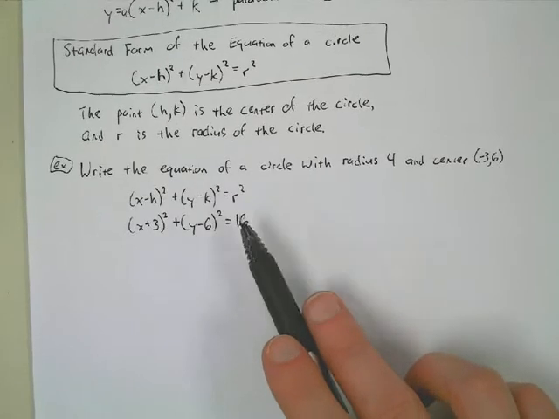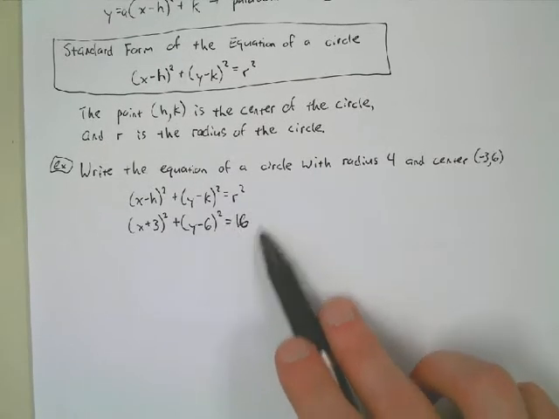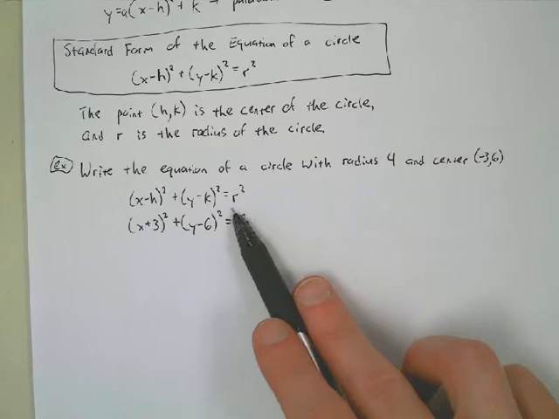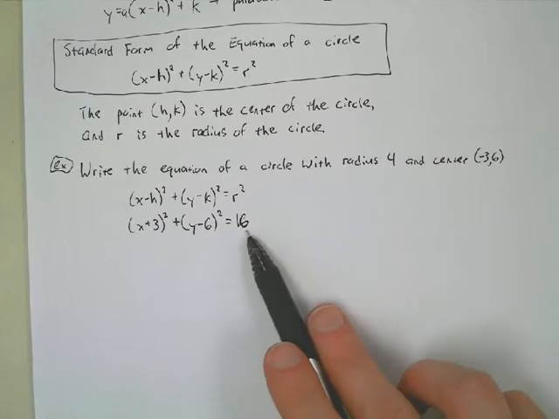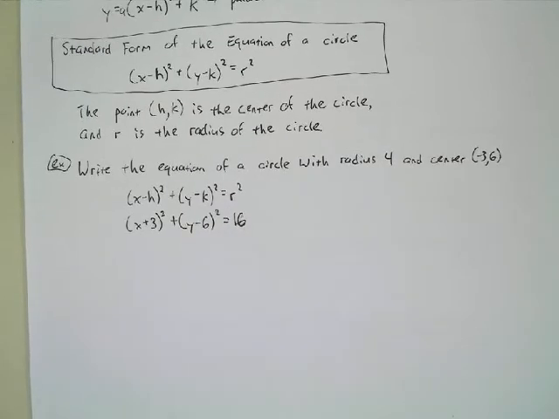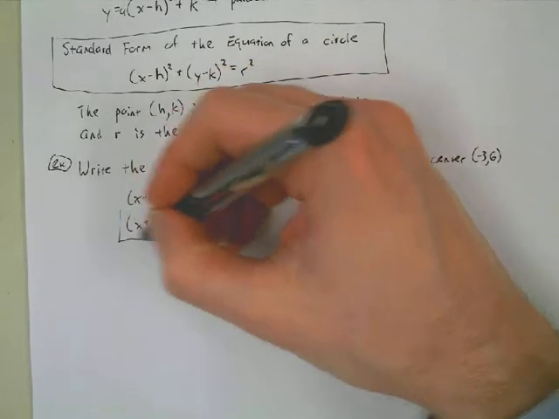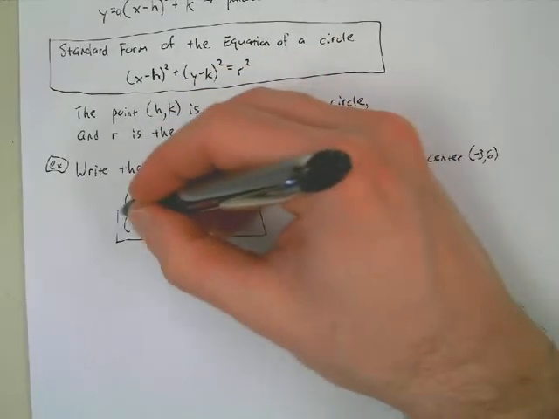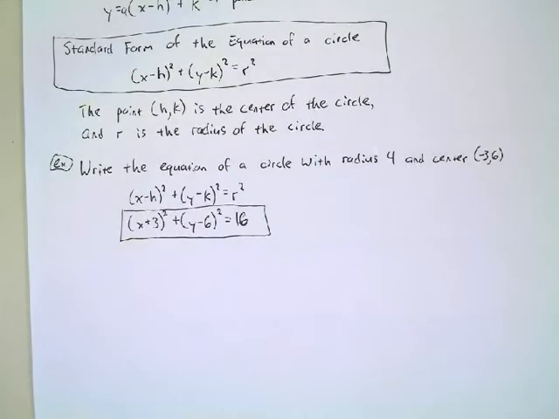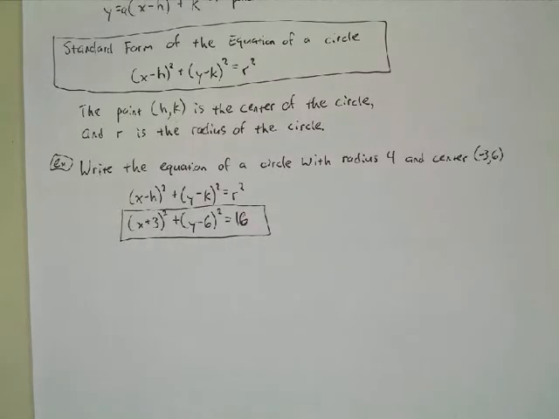But in the equation for the circle, this number represents r squared, the radius squared. So 16 is not the radius, 4 is the radius. That's our answer, and that's the equation for the circle. Questions on any of that?